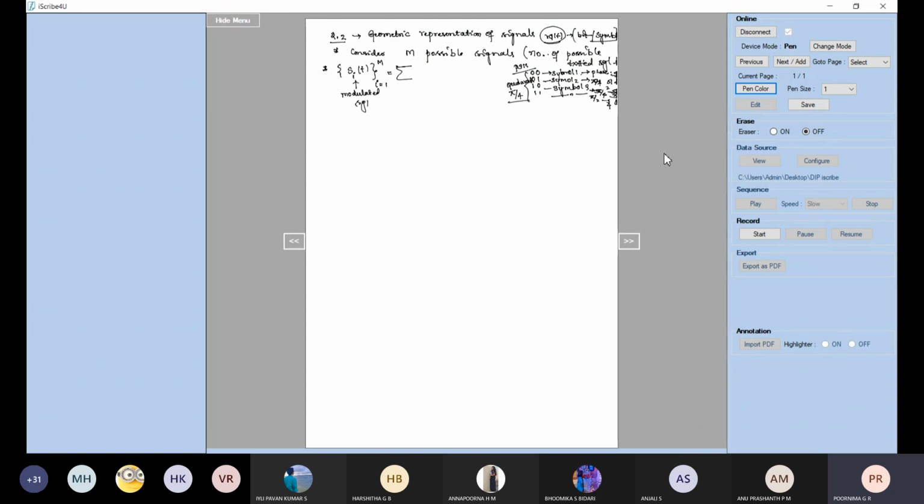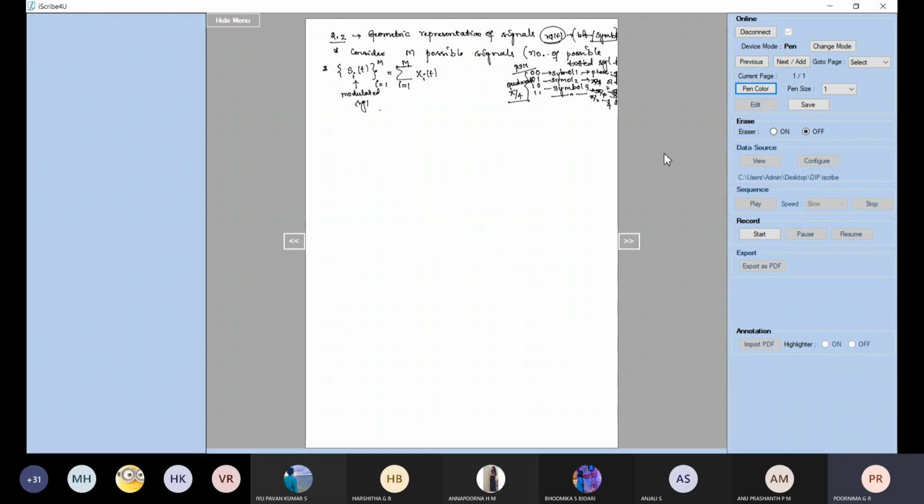This modulated signal has different possible phases when they are added, so i equal to 1 to m, xi of t. Sum up all the symbol signals.